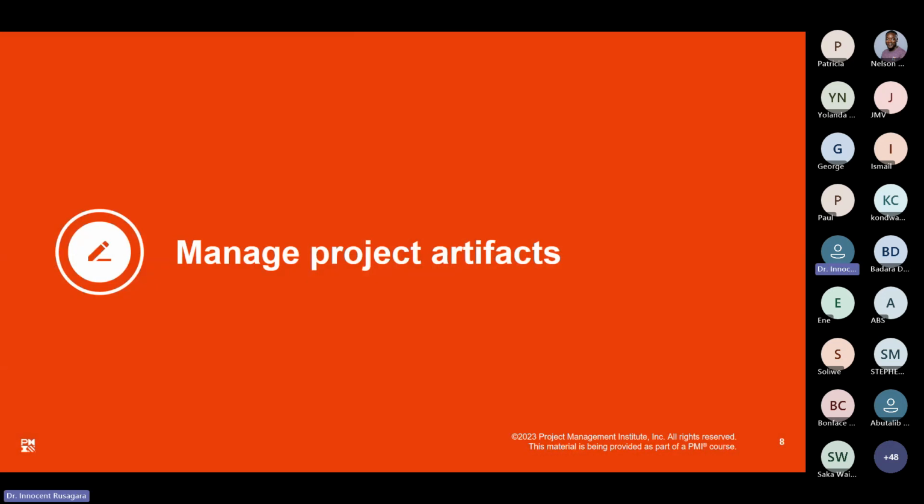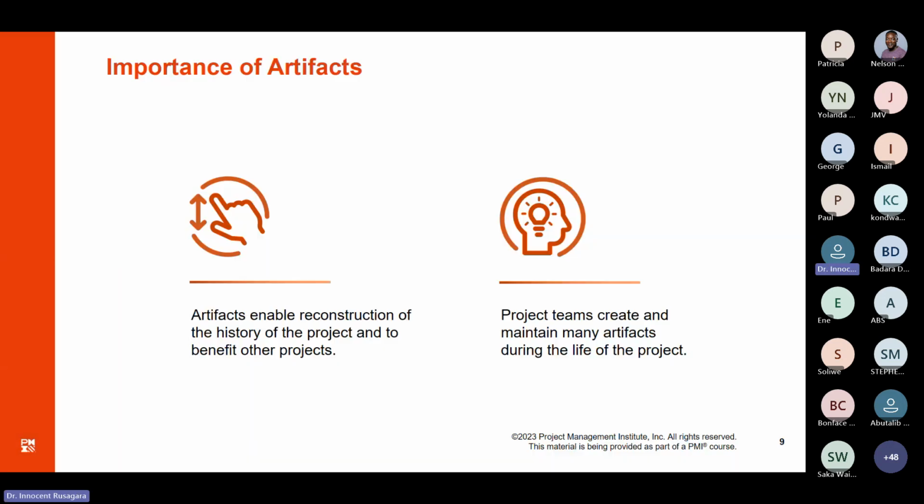So now, when we come to project artifacts, they enable the construction of the history of the project and benefit other projects. For example, if in your room you have Gantt charts or a Kanban board, you will know where we are, where this activity is, is it in progress?